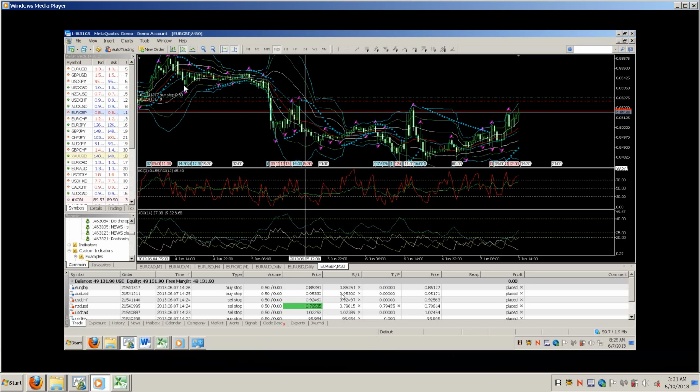But anyways, if I thought Euro USD was going to go up, I would hedge it with the USD CHF, because you can't place a pending buy stop and a pending sell stop at the same time, because that'd be like saying, hey, if you flip a coin and it's tails, I win. If it's heads, I win. So you can't do that. So there's a way around it.